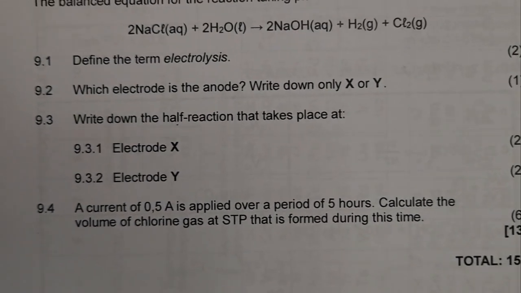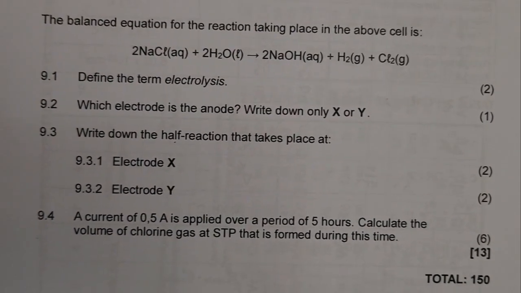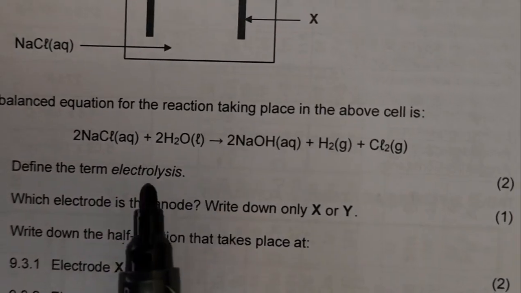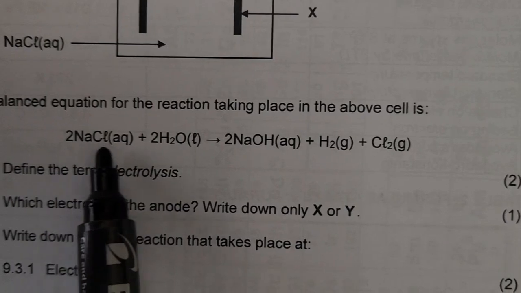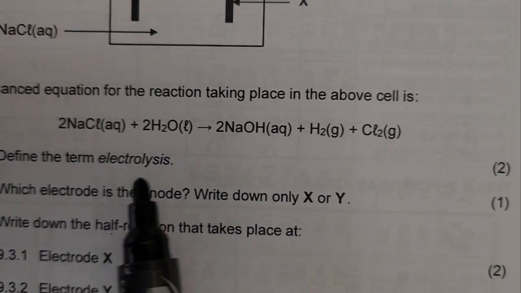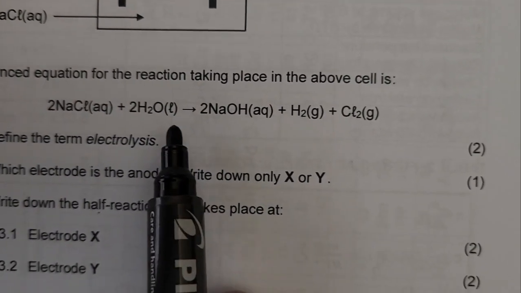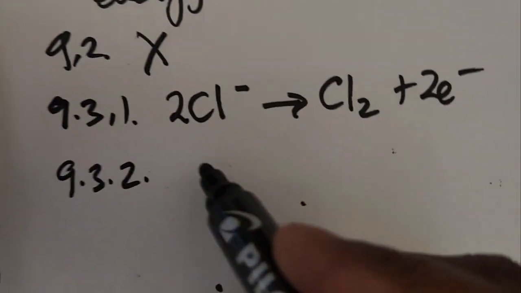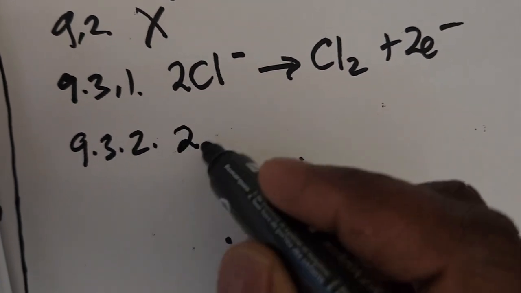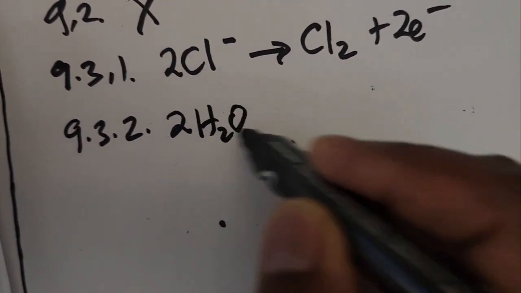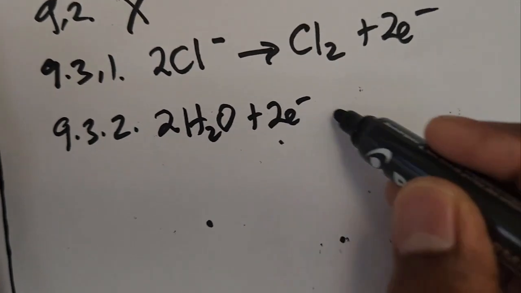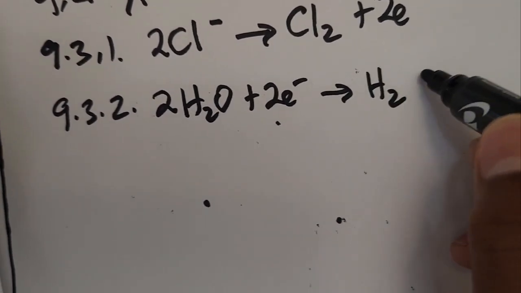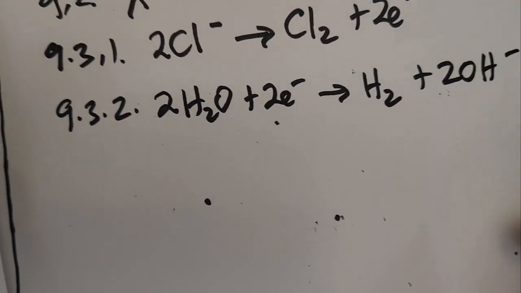We come to the half reaction that takes place at electrode Y. The other one is 2Cl minus forms Cl2 plus 2 electrons. This one will be water plus electrons forming 2OH minus and H2. Now this is the reduction: 2 water molecules gaining 2 electrons and forming hydrogen gas plus 2OH minus.